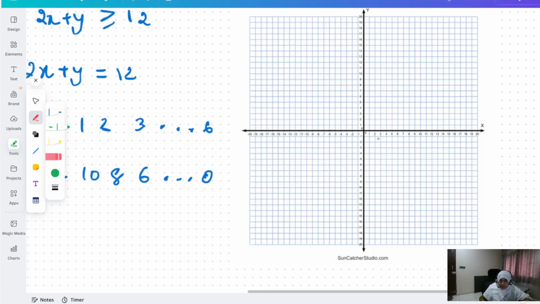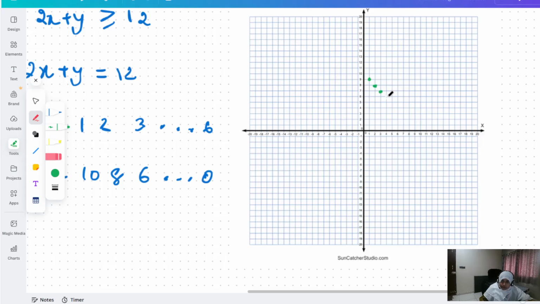When my x value is 1, y value is 9. Then when my x value is 2, y value is 8, and x value is 3, y is 7. It is just a plot.